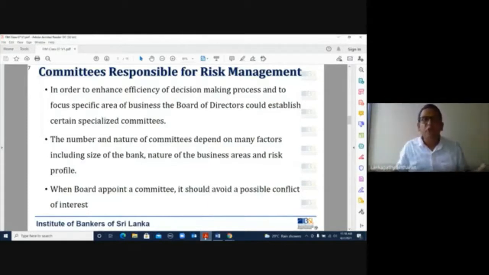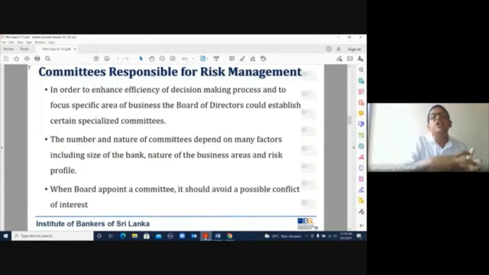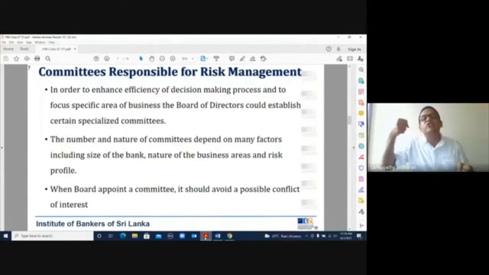Of course not, because there is a conflict of interest. As an internal auditor, he has to escalate that particular weakness or risk to the top management. But as chairman of the credit committee, if something happens in credit risk management, he may hesitate to escalate it to the top management. So there will be a conflict of interest.